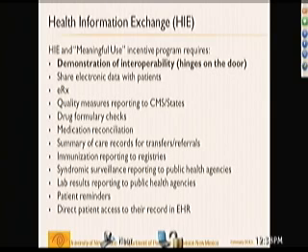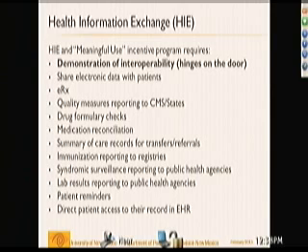You need the interoperability to be able to do the rest of this stuff. So if you can connect to the HIE, then you've kind of taken care of that little step. That's why I call it the hinges on the door.